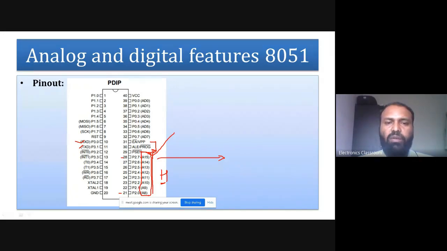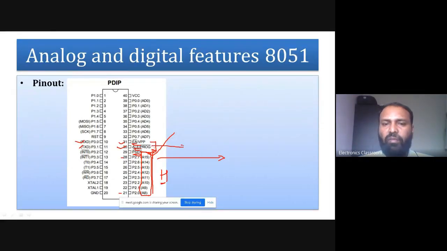For example, this is program store enable, then this is ALE, address latch enable, then EA, external access. So those pins again have various functionalities. If you are using external memory, then pin number 30 will be used for address latch purposes.